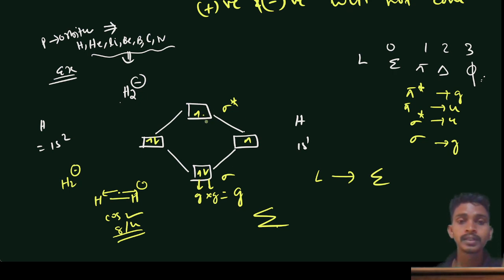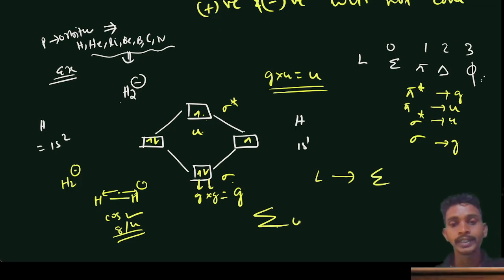And one electron in sigma star, which is u. So g into u is u. So this is the g/u character.